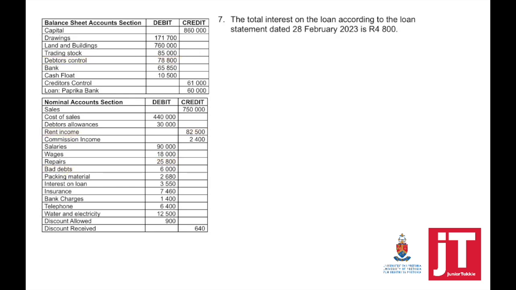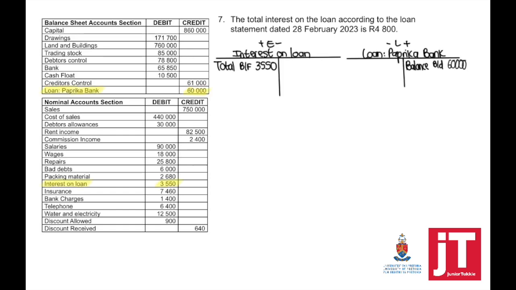Adjustment number 7. The total interest on loan according to the loan statement dated 28th February 2023 is 4,800. So that's the total interest for this entire year. If I go to the pre-adjustment trial balance, I've got interest on loan, 3,550. But the loan statement said it should be 4,800, which means that there's still interest outstanding.